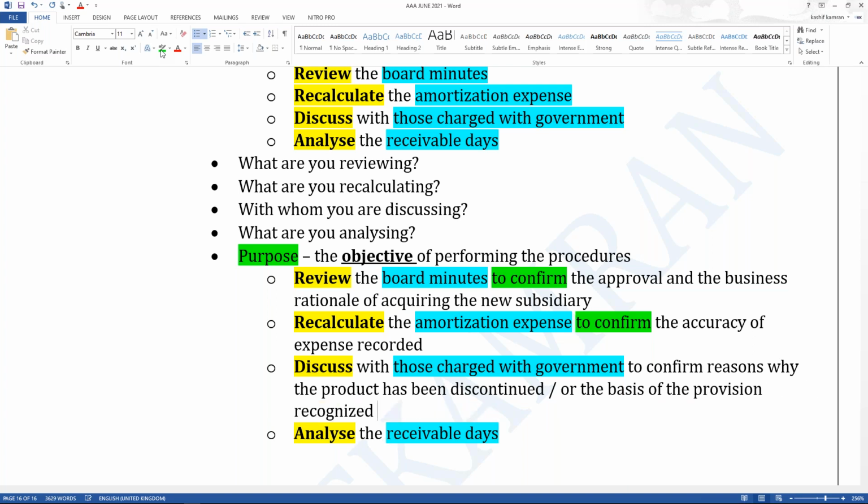So you can discuss anything with the management, right? To confirm the reasons. Most of the time when you're doing a discussion, the purpose is to confirm reasons. So discussions are for reasons.